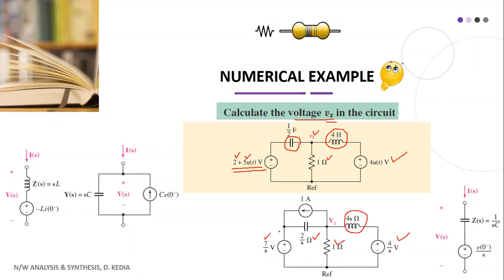We will have to find out whether there are initial conditions in the inductor or capacitor. Wherever initial conditions are present, we will add a voltage source or current source. Otherwise we will proceed.